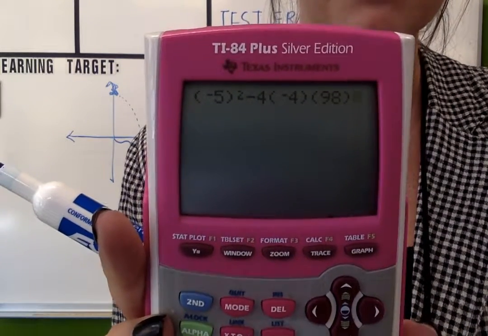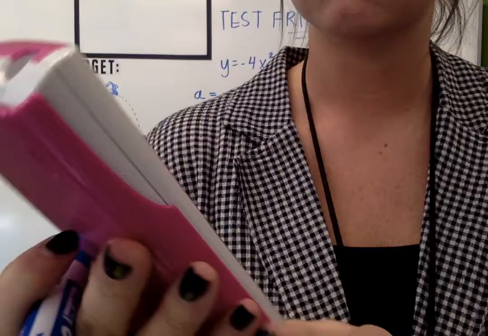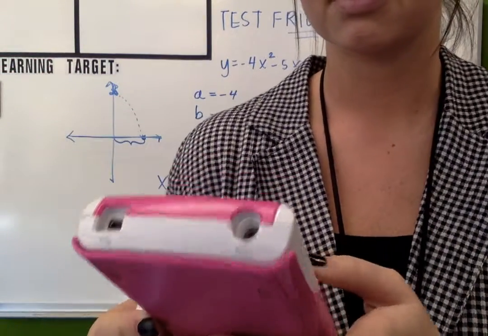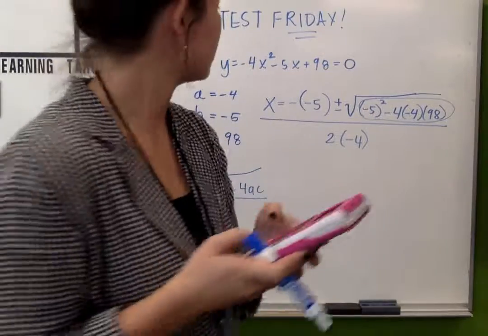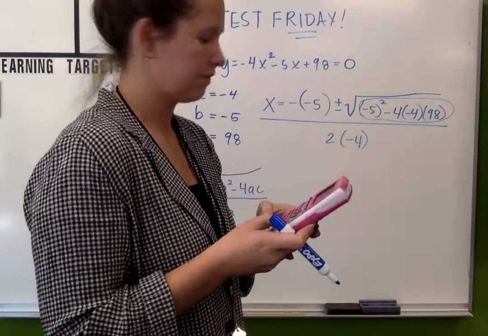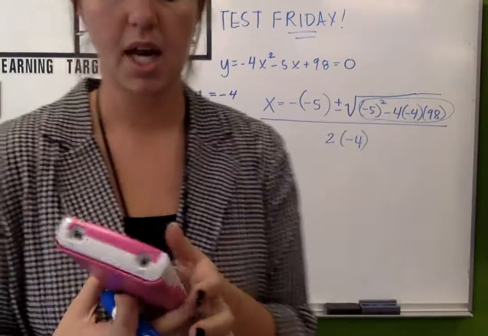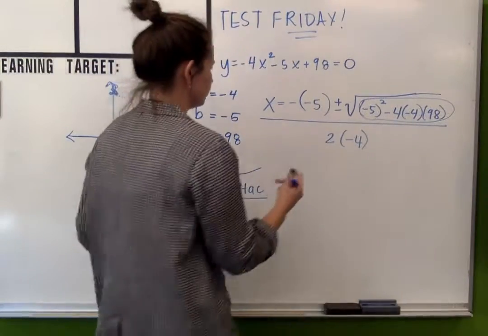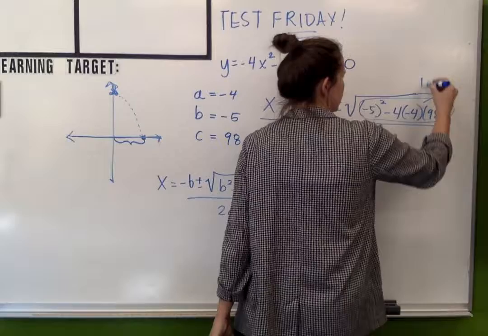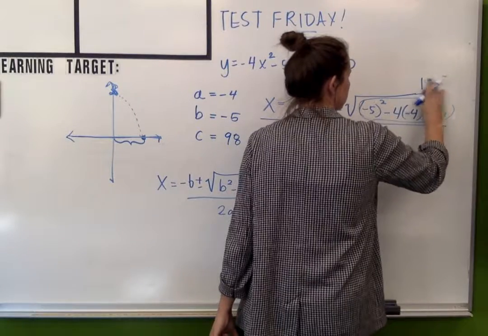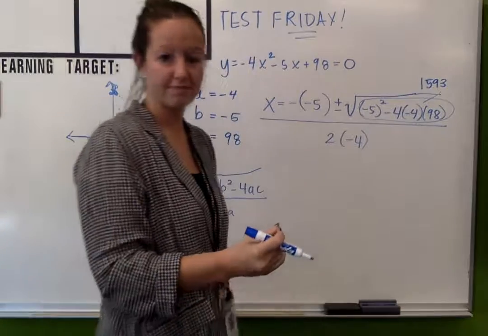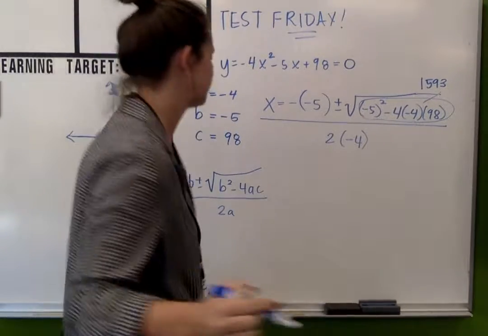And then I press enter. That was not enter. Okay, hang on, team. Minus 4, negative 4, 98. All right. And I get 1593. So this whole thing is 1593.